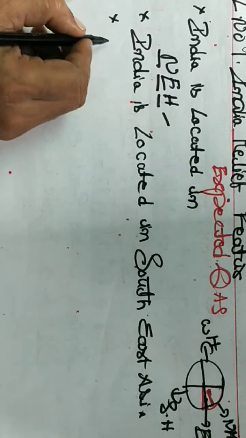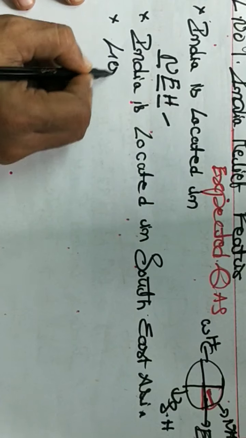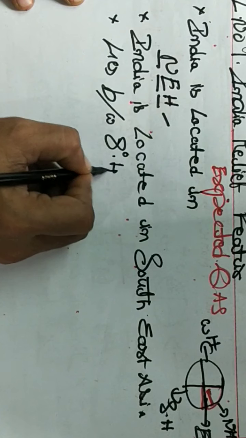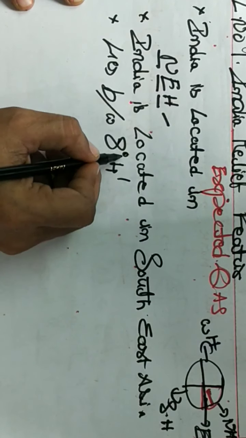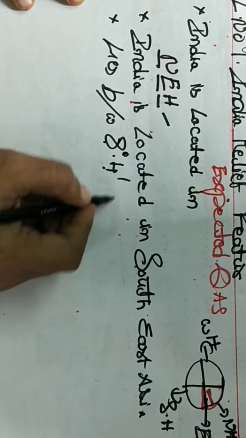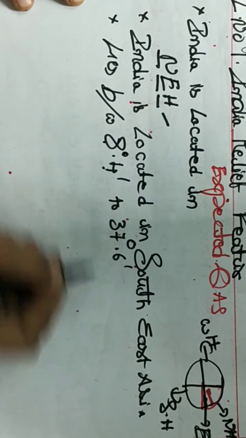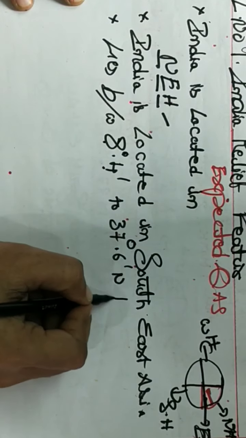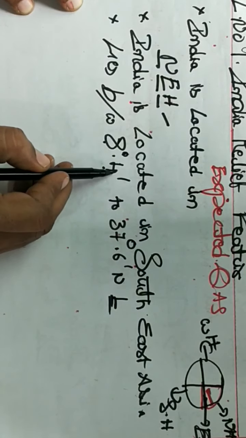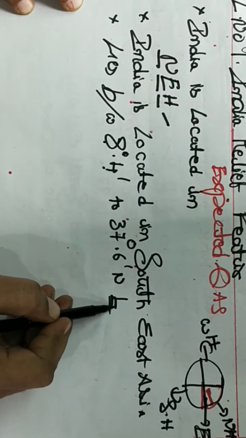And the third point, India lies between 8 degrees 4 minutes to 37 degrees 6 minutes north latitude.